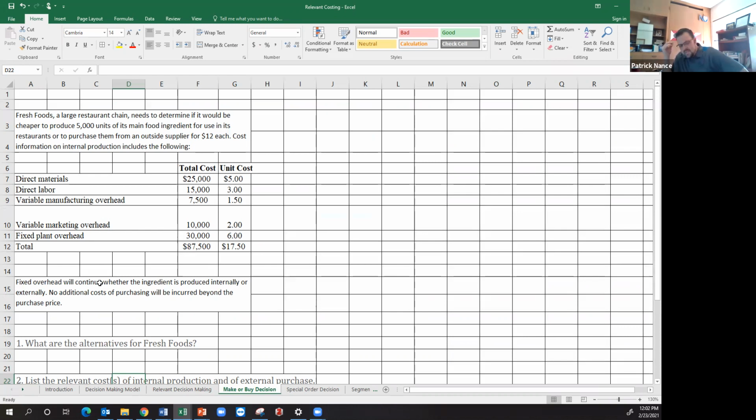So companies have to decide whether it's more profitable or more beneficial for them. I shouldn't say profitable because it's usually a cost reduction strategy, to make something in-house or to buy it from somewhere else. So manufacturing something and maybe using it as part of my product versus having someone else build it. So for a computer, this would be things like the CPU, the central processing unit.